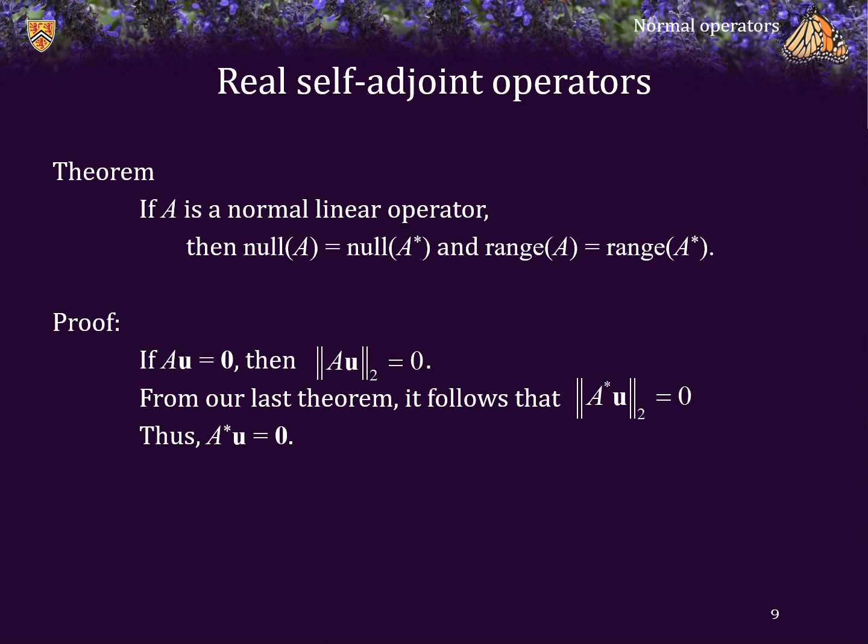Therefore, U is in the null space of A if and only if U is in the null space of the adjoint. So for real square matrices, U is in the null space of A if and only if U is in the null space of the transpose, if the matrix is normal. Thus, the null spaces are equal.